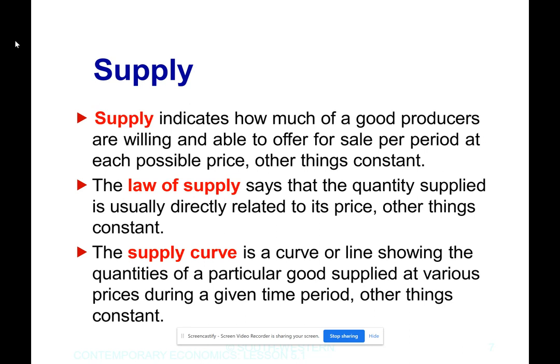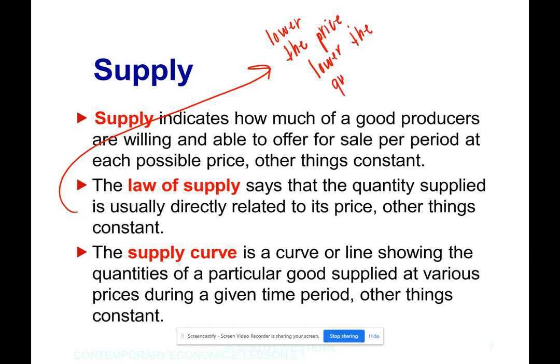With the law of supply, you should know that the lower the price, the lower the quantity supplied. That's weird, because when the price is lower, consumers are willing to buy more.